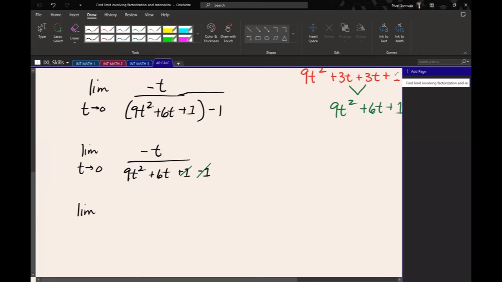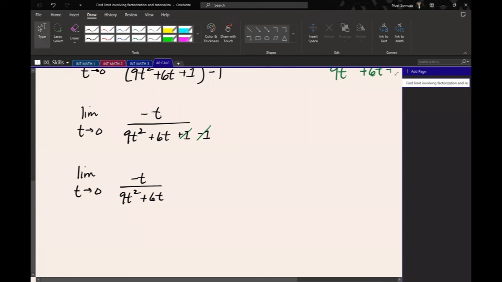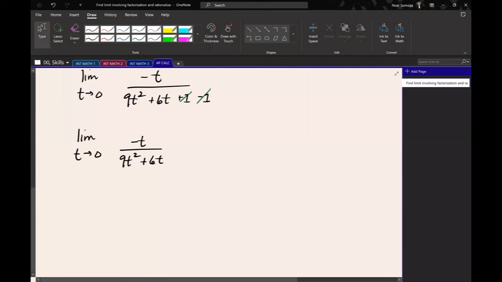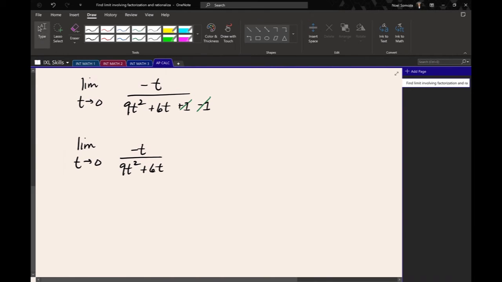So we actually end up with the limit as t approaches 0 of negative t all over 9t squared plus 6t. Right? And you might be looking at this and thinking like, okay, if I substitute 0 into t, I'm still going to get 0 in the denominator, or 0 in the numerator, I get indeterminate. But we haven't applied either any factoring or rationalizing.